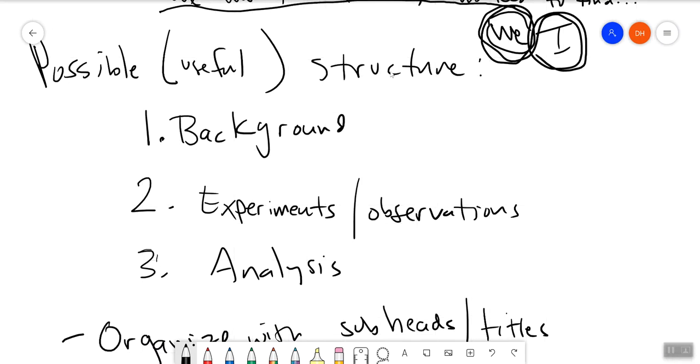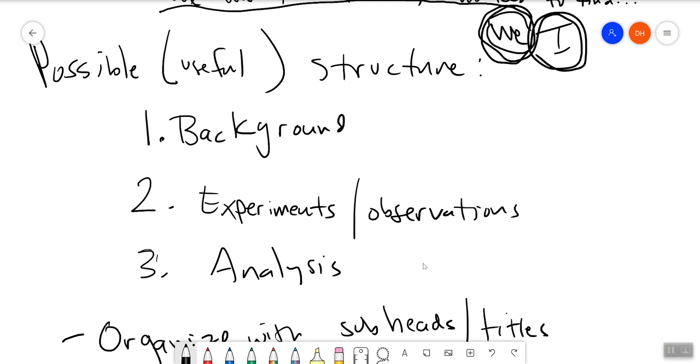So a possible and useful structure for the methods section would be this: background, experiments, observations, and then the analysis. Okay, what's the background? What did you do in setting up the method, the experiment? What were the experiments and observations that you made? What was the analysis? And how did you do the analysis?